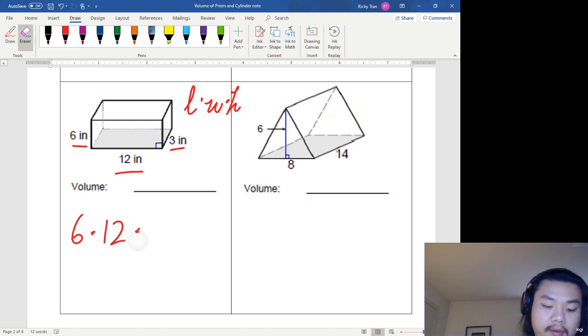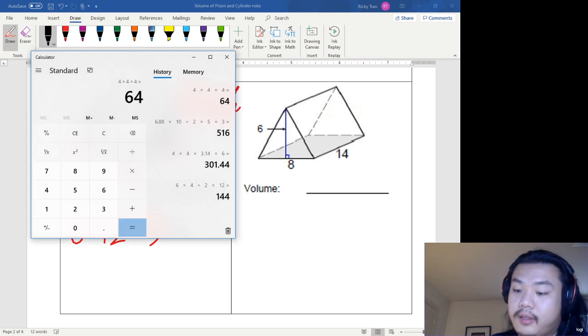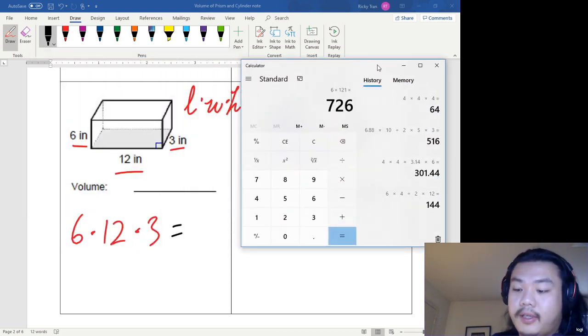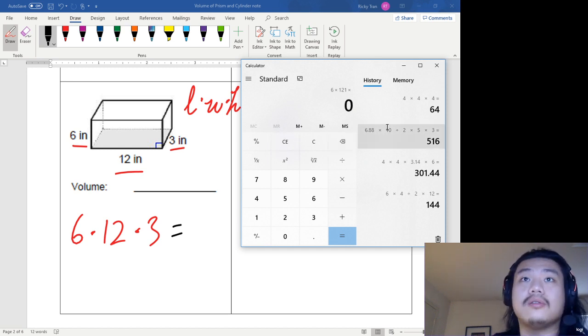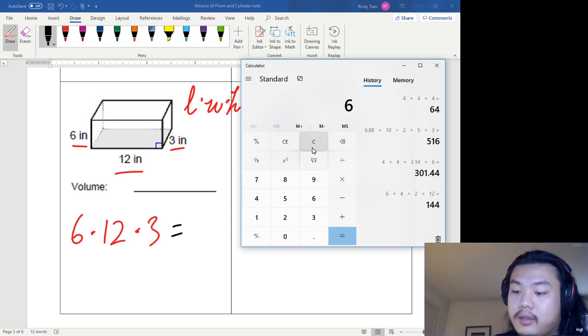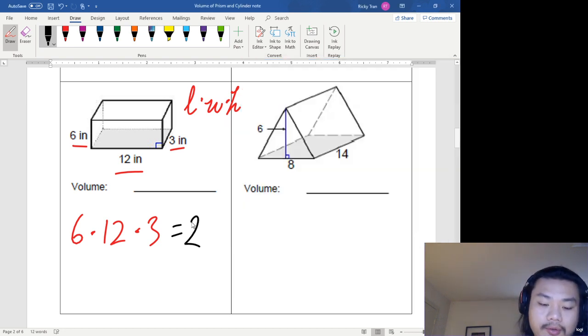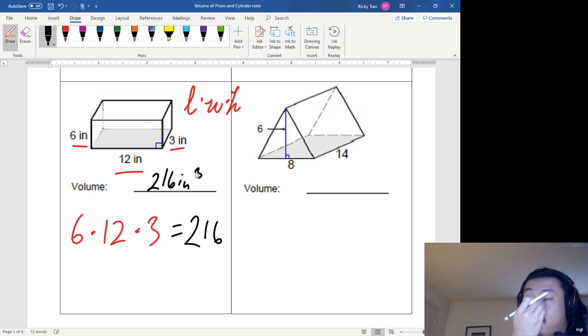Clear, cancel. 6 times 12 times 3 is 216. So this is 216 inches cubed.